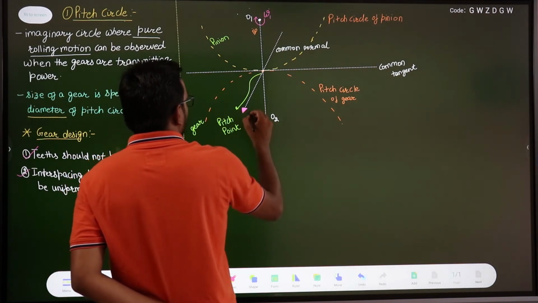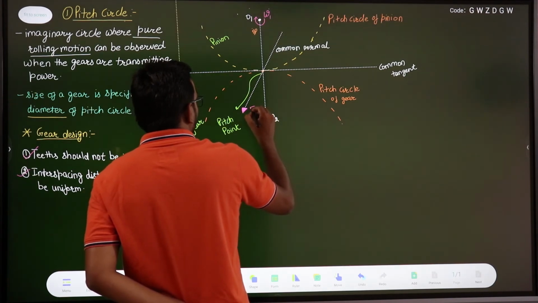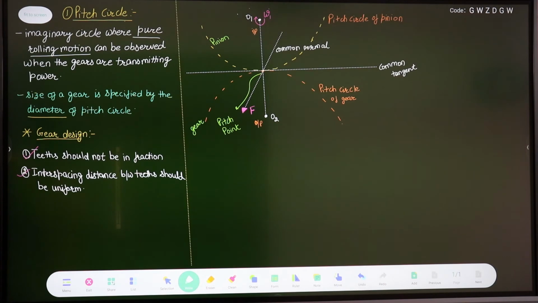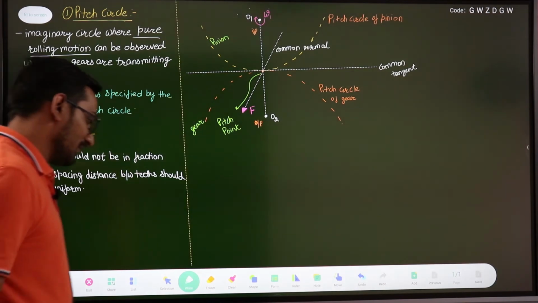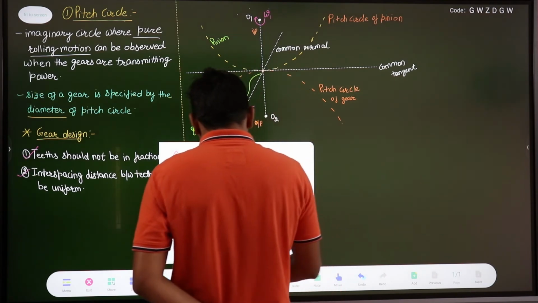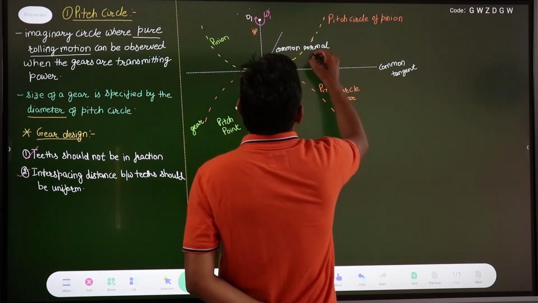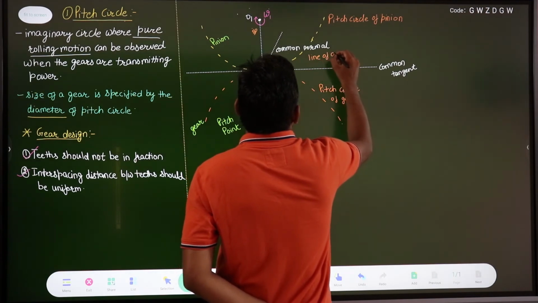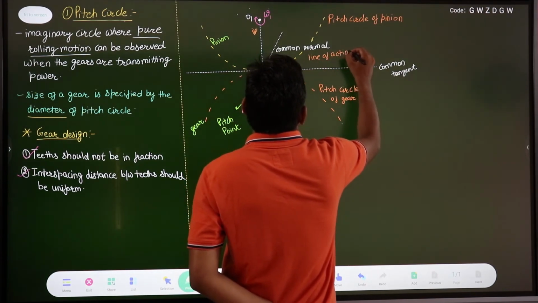Suppose this is your force F, the force exerted by this pinion on the gear. This common normal is also known as, we will discuss this later also, the line of action of force.